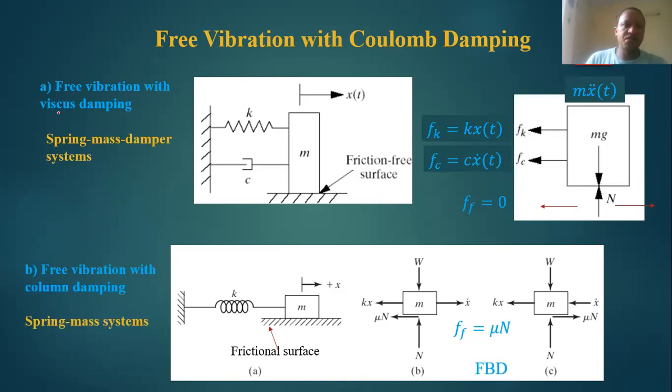In free vibration with viscous damping, the friction surface is considered zero, mu equals 0. But in this case, mu is different from 0. Here we consider the friction force. From the concept of statics, the friction force is equal to mu times the normal force.